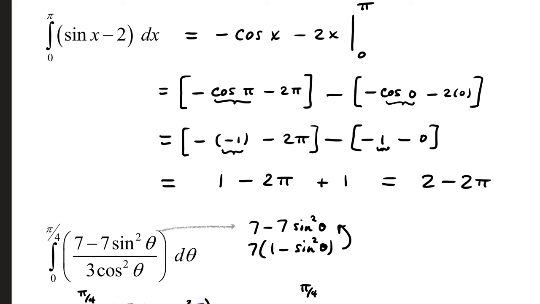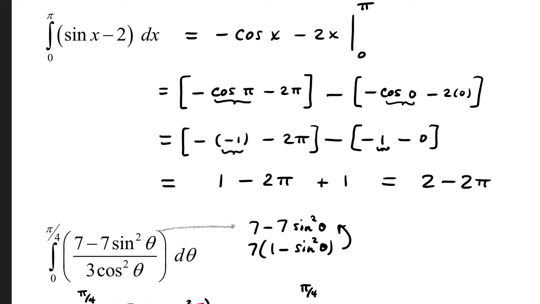In the back bracket, where we substitute in 0, we have minus cosine of 0 minus 2 times 0. Cosine of 0 is positive 1, so that's negative 1 minus 0. And overall, that negative and that negative make a positive 1. Combining like terms, we have 2 minus 2 pi area.